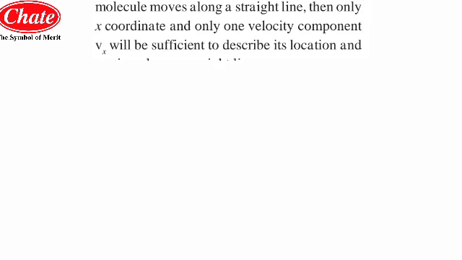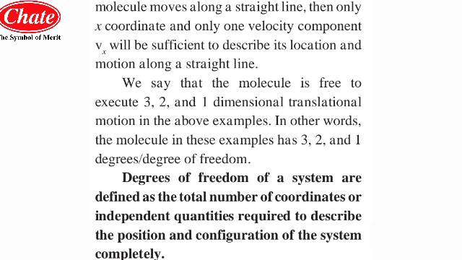But if the molecule moves along a straight line, then only the x coordinate and only one velocity component, that is velocity Vx, will be sufficient to describe its location and the motion along a straight line.